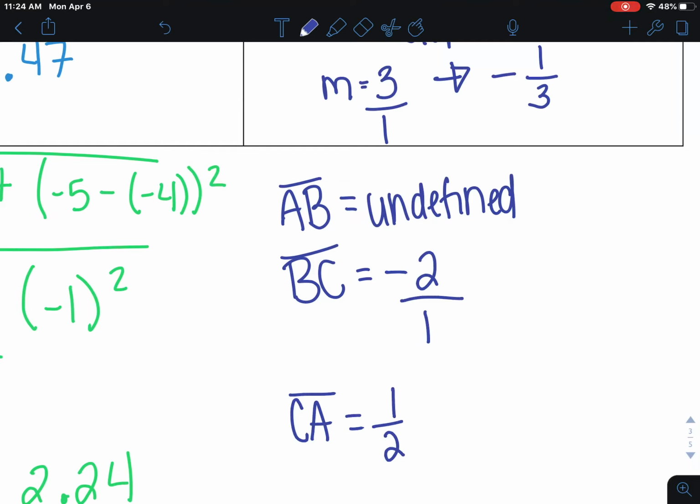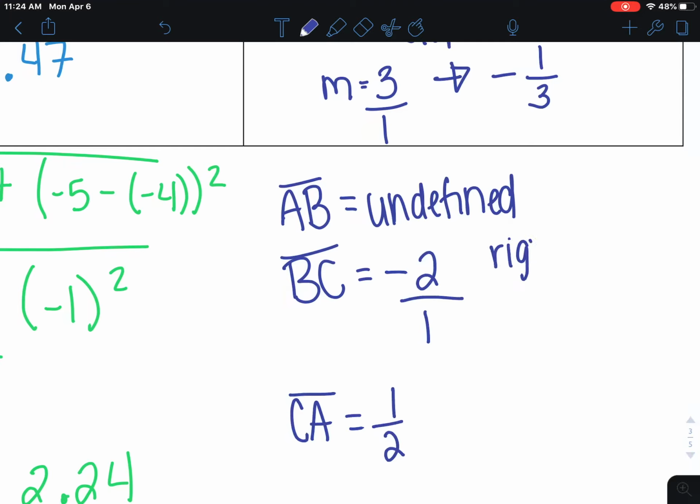Are those opposite reciprocals? So let's see. Do they have opposite signs? Yes. One is negative, one is positive. And then reciprocal are the fractions flipped. So BC is 2 over 1 and CA is 1 over 2. So they do have opposite reciprocal slopes, meaning that the lines are perpendicular, meaning that they form right angles.